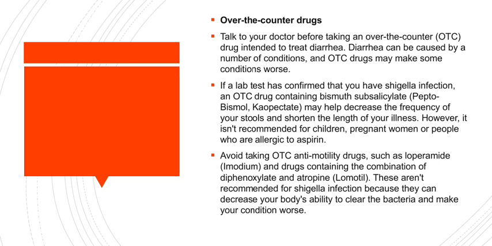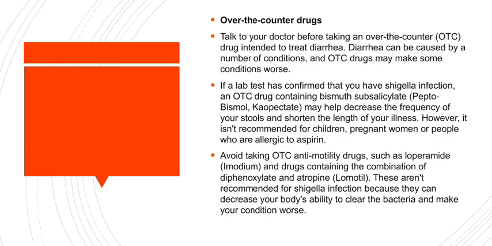Here we can look at the treatment. Over-the-counter drugs. Talk to your doctor before taking an OTC drug intended to treat diarrhea. Diarrhea can be caused by a number of conditions, and OTC drugs may mask some conditions. If a lab test has confirmed that you have the Shigella infection, an OTC drug containing bismuth subsalicylate, Pepto-Bismol, may help decrease the frequency of your stools and shorten the length of your illness.